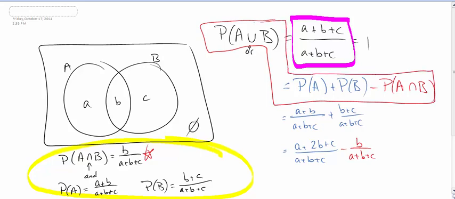The probability of A or B is equal to the probability of A plus the probability of B minus the probability of A intersect B. And we have to subtract that because the B got counted in both the probability of A and the probability of B. The intersection got counted twice when we add these two together.